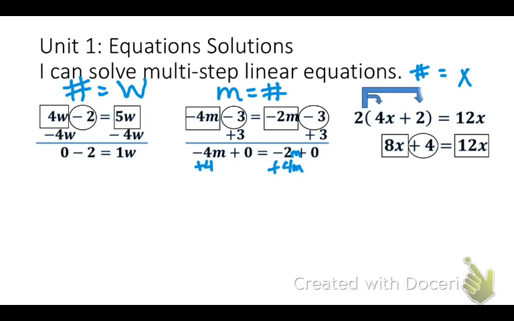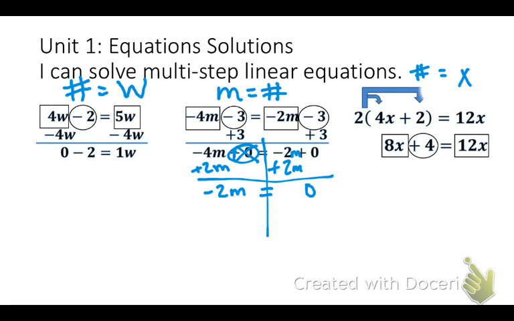I mean, excuse me, not 4, it's a 2. 2m plus 2m. All right, so now I bring it down. I have 0 on this side still. I don't have to write this 0 here anymore, so I'm not going to. -4m plus 2m gives me -2m.